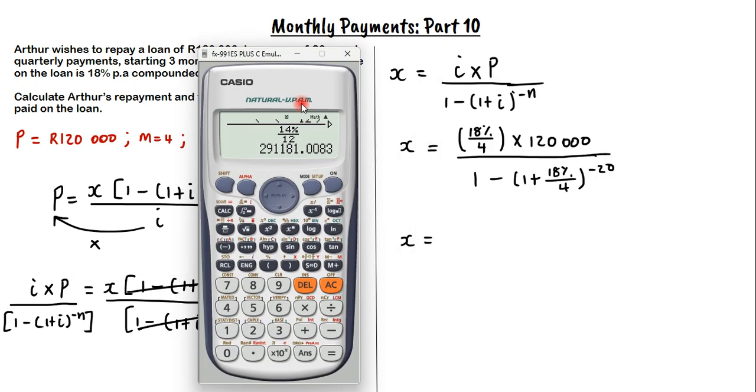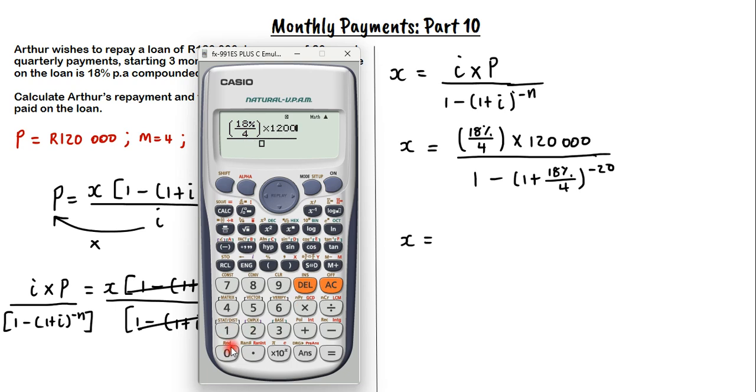On the calculator, we get the fraction 18% over 4. Notice that I put a bracket so that I can have that fraction in the numerator.